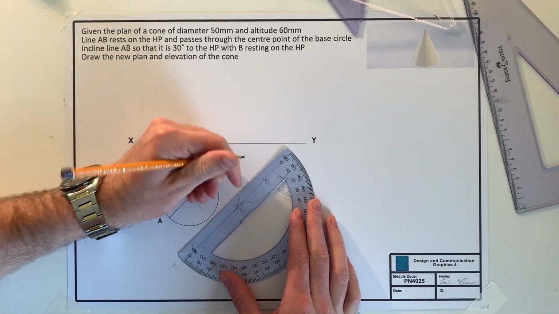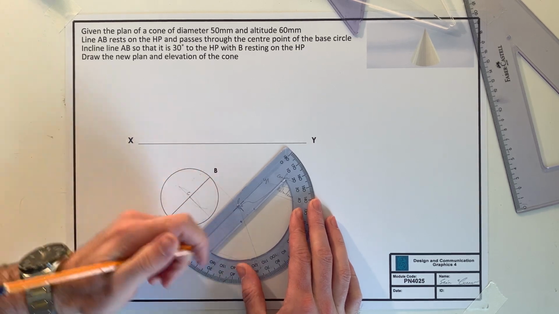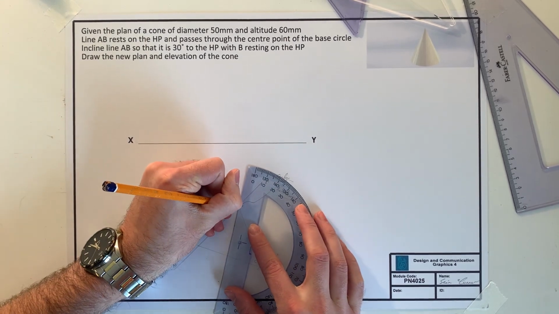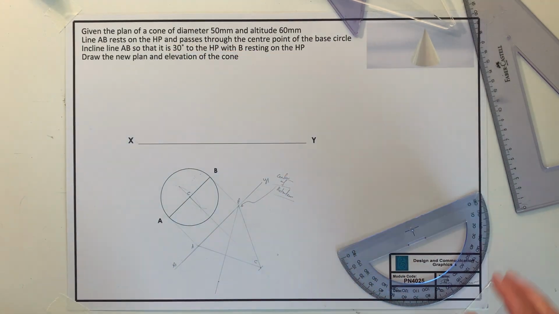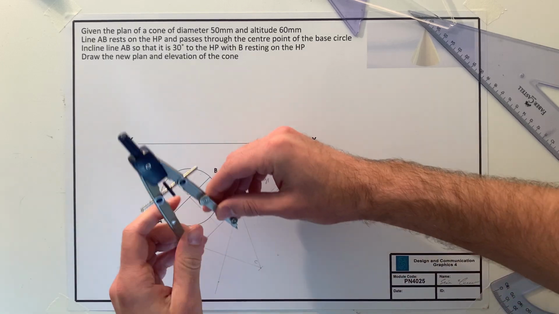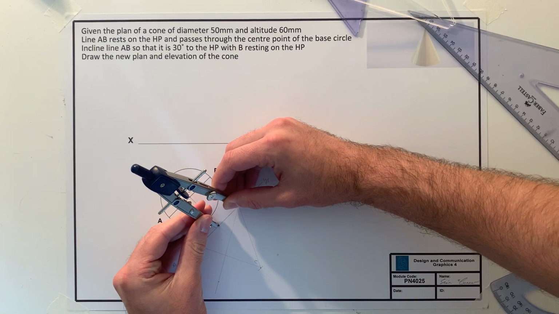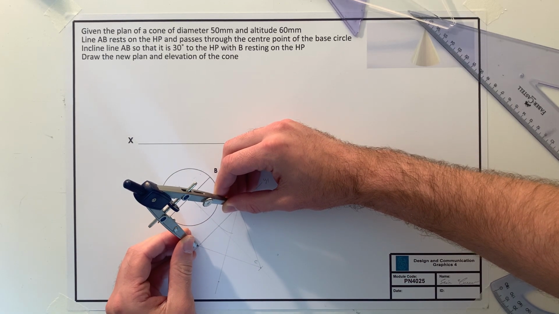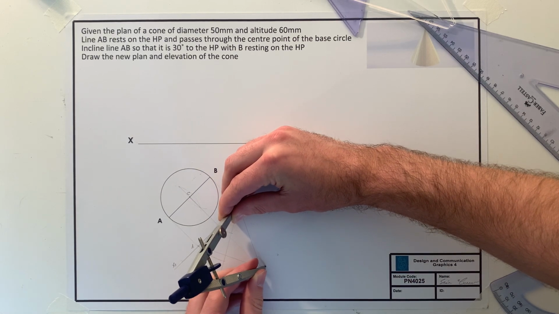Knock off my 30 degrees. Rotate up all of my points that I need. So that's basically the center of my base circle, which is here. And A as well as C.